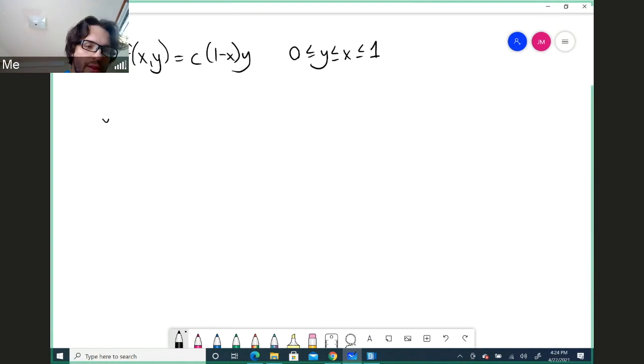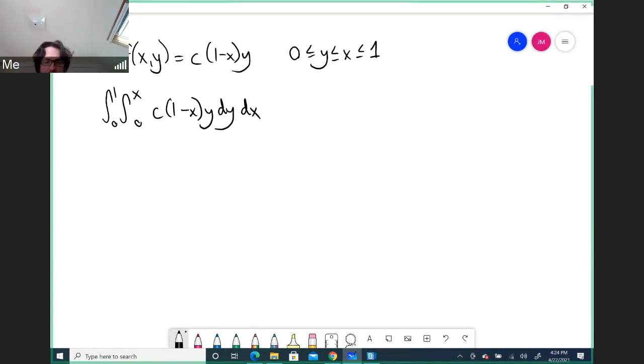So we have our integral. I'll just redraw this here: 0 to 1, 0 to x, c times 1 minus x times y dy, and a dx on the outside.